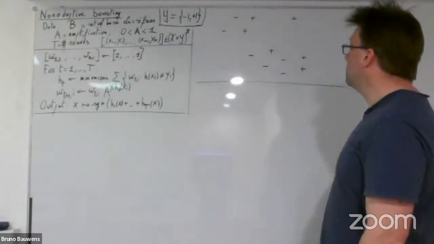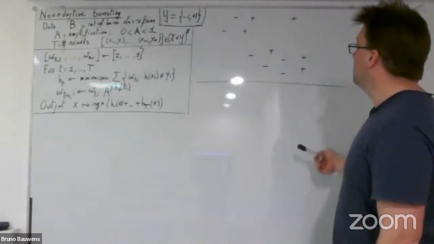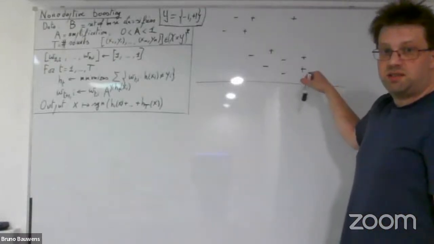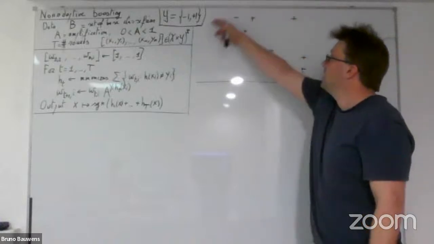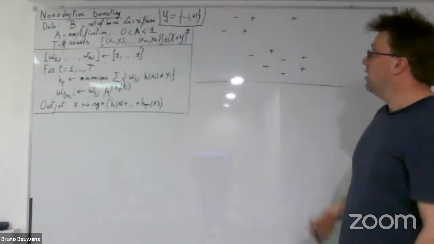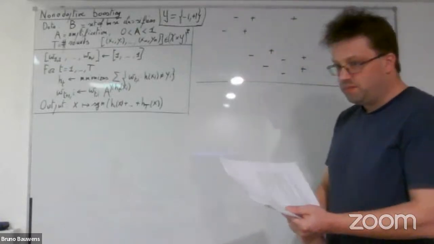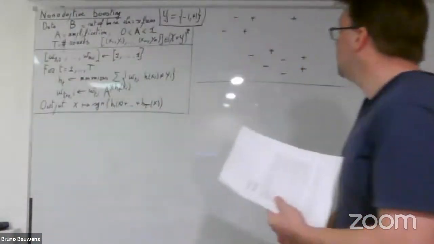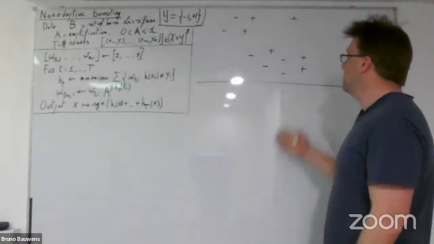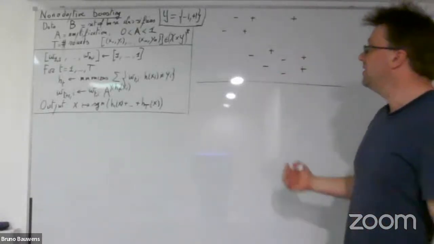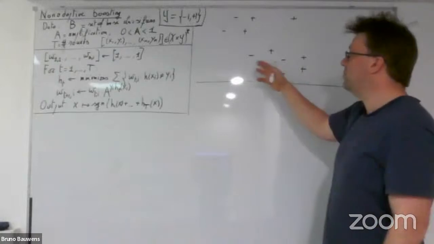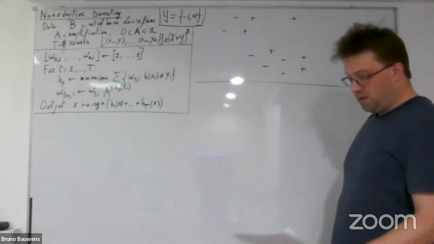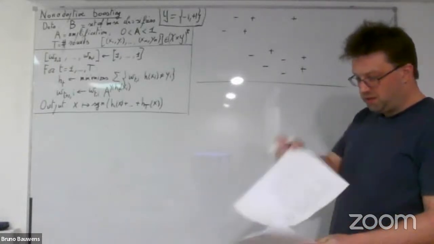So let's do a simple example. Imagine that we have two features and that the training set is like this. How will we select the classifier? We will select the classifier that makes the minimal number of mistakes. Initially the weights will be uniform over the training set. I worked out an example in the notes.